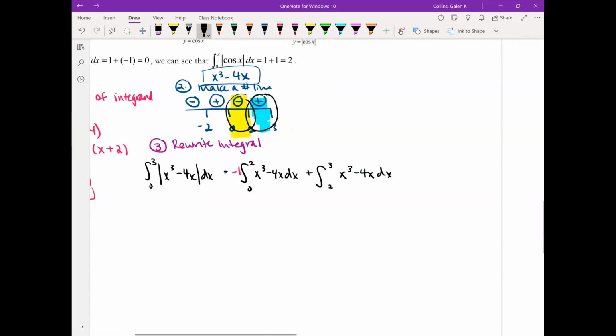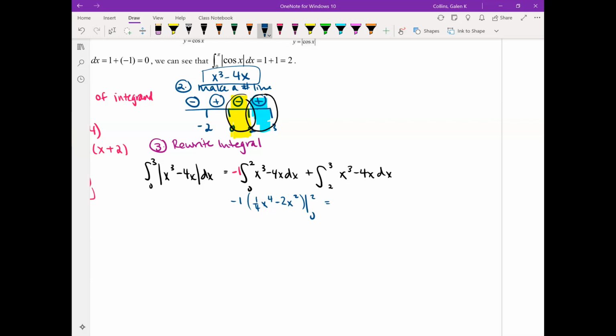Okay, so when we find our antiderivative, it is going to be 1/4 x to the 4th minus 2x squared. And when we integrate that from 0 to 2, we're going to multiply that by a -1.